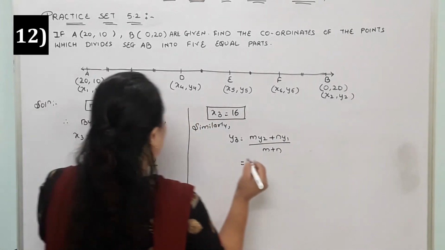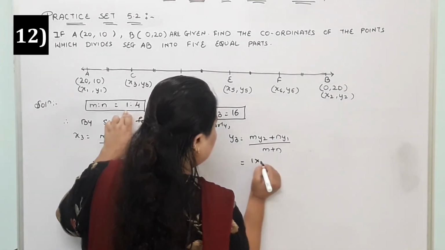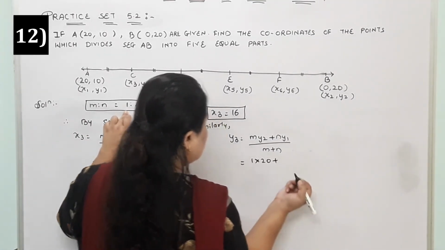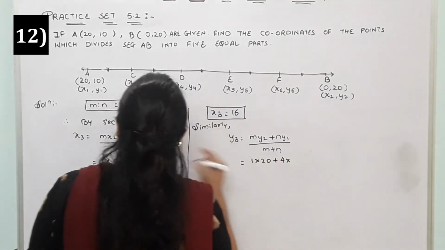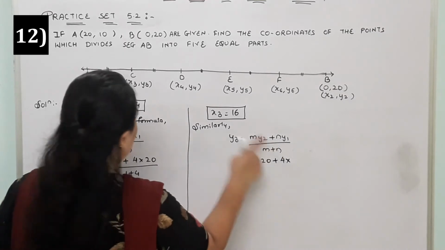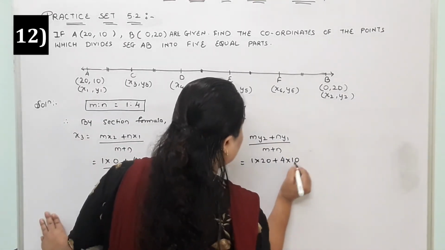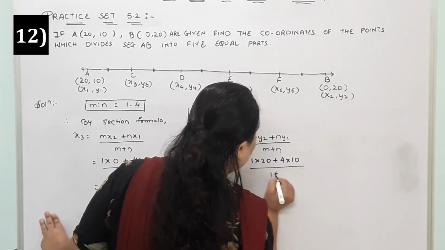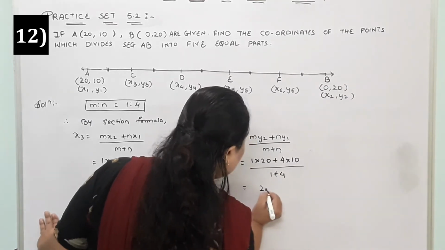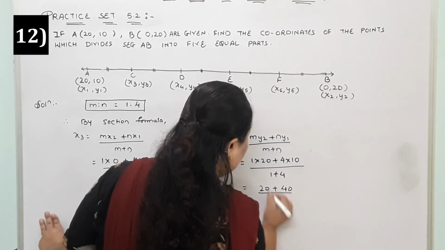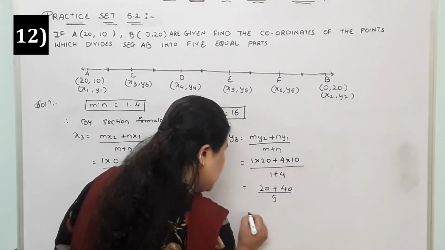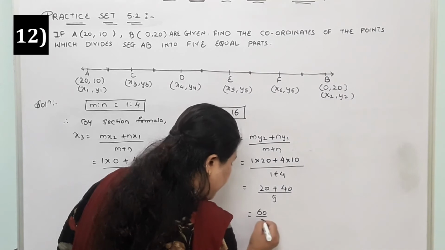So again 1 into 20 plus, what is n? 4 into y1 is 10, upon 1 plus 4. 1 twenties are 20, 4 tens are 40, upon 4 plus 1, 5. 40 plus 20 is 60 upon 5.